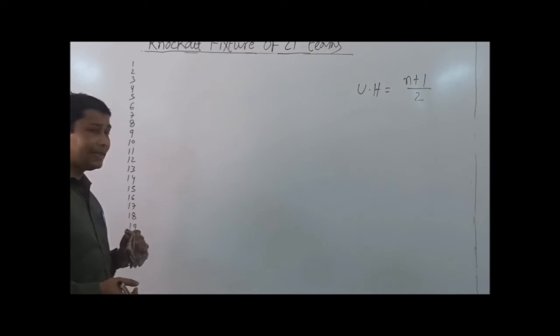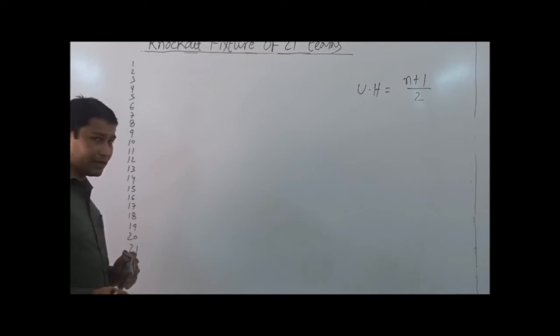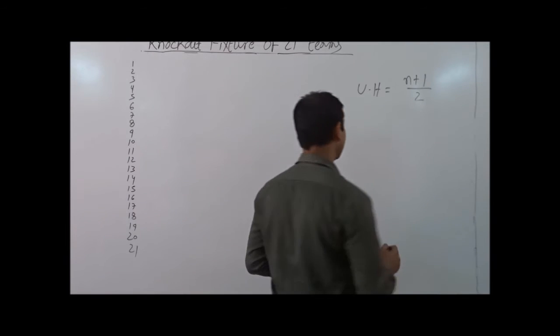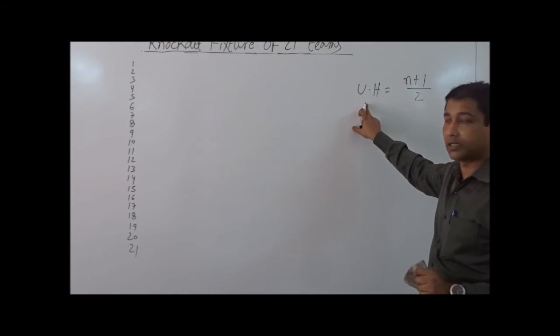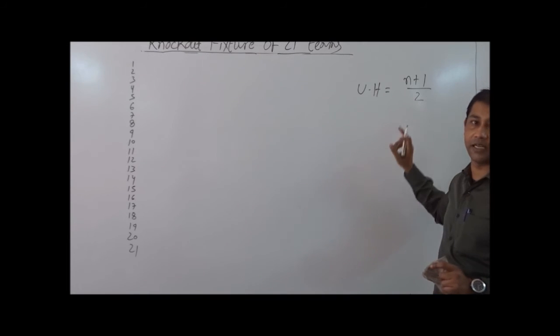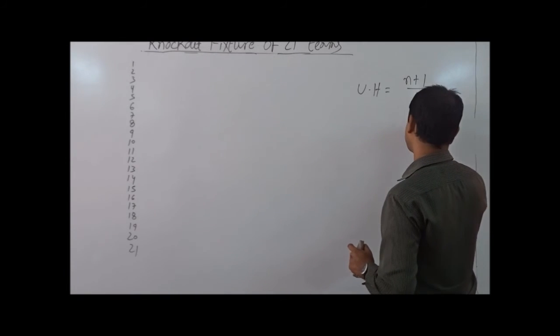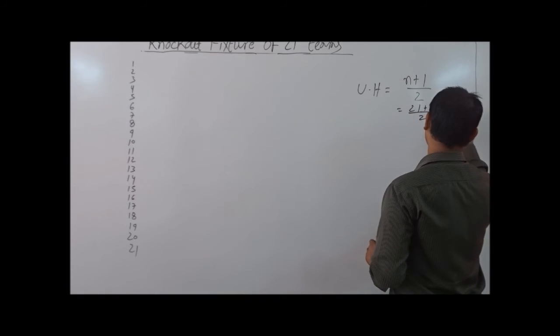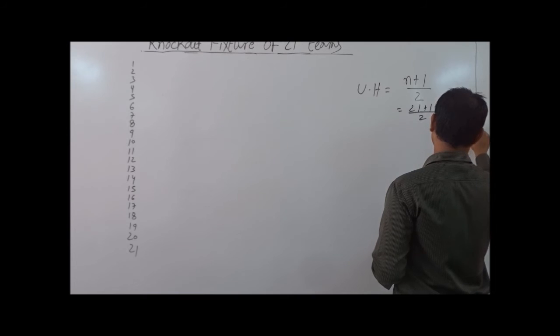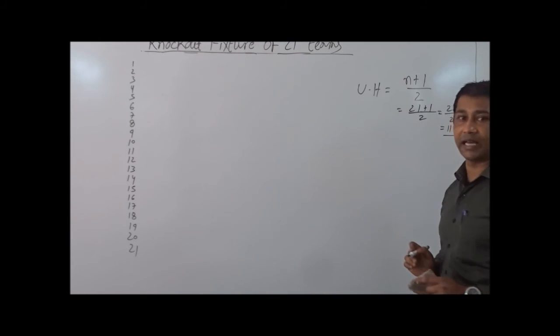So let us try. 21 is an odd number. For odd number of teams, upper half, the formula would be n plus 1 upon 2. That means 21 plus 1 upon 2 means 22 upon 2 means 11 teams. 11 teams in upper half.